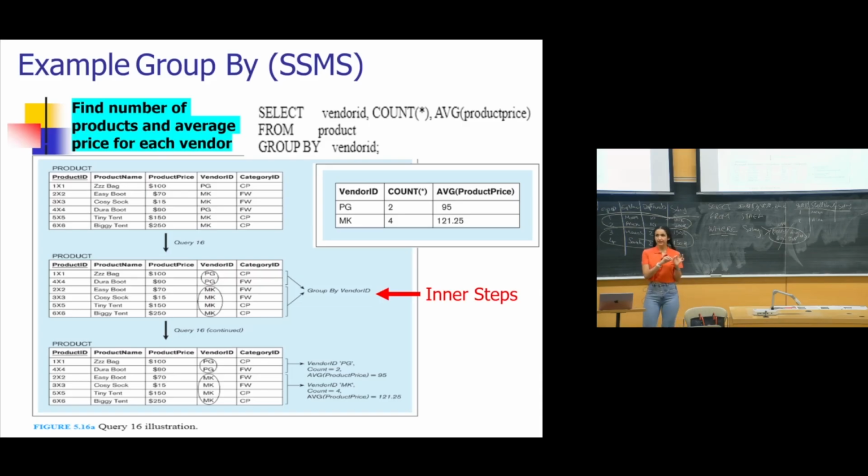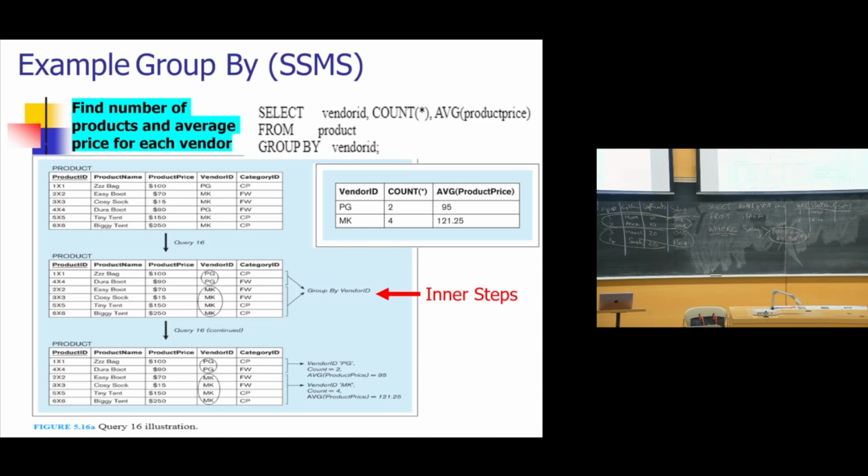So then it will give you a table with distinct vendors, right? Vendor ID, whatever values we have, PG and MK. And that's it, PG and MK. And then finding the average price and number of products. How to find number of products? Either count the product or count the star.